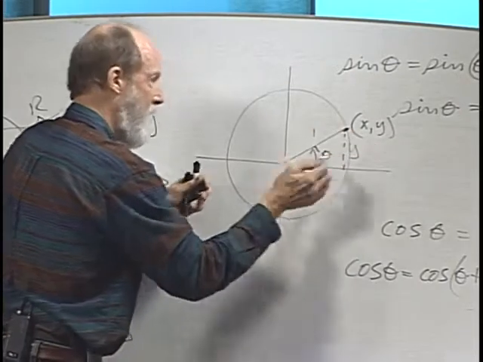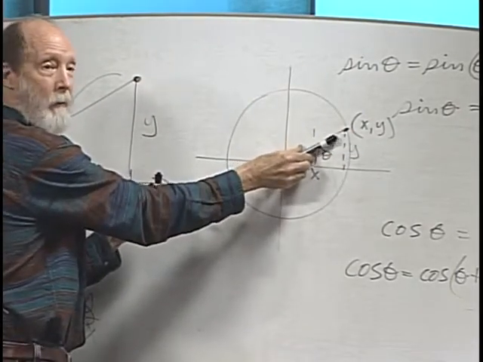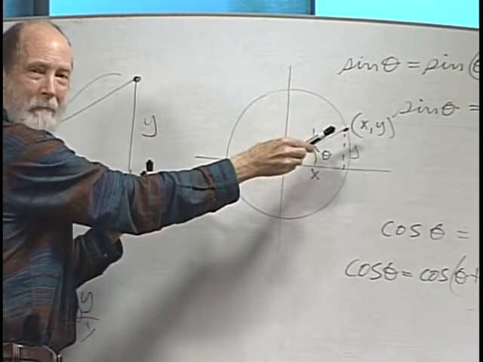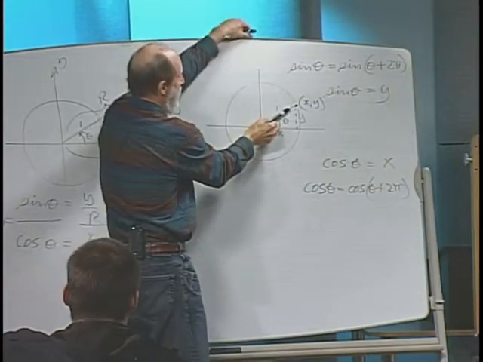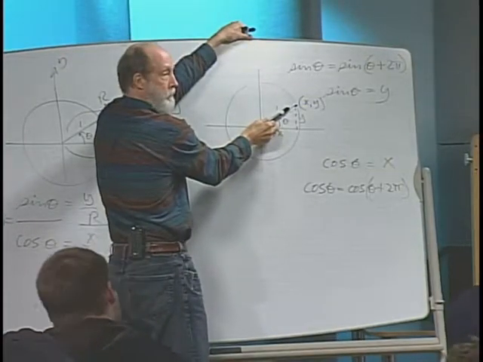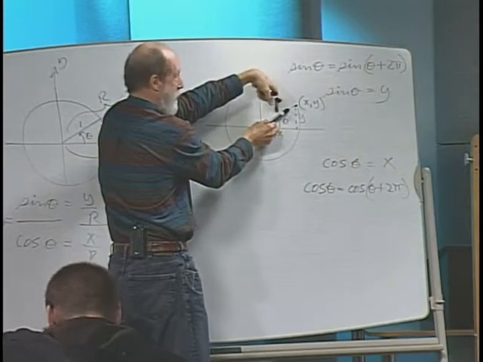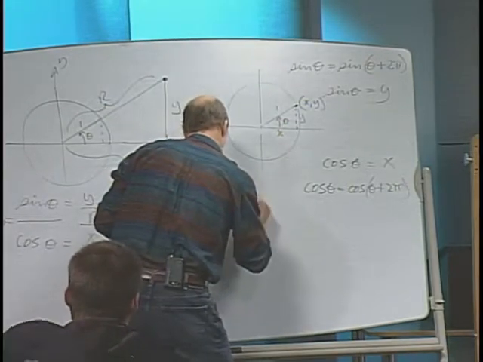Y divided by x is the slope of this terminal side where the angle happens to be, where this terminal side happens to be pointing. Okay? So watch what happens. We have this sample angle here. We have a slope, some slope value, which is the tangent reading of the angle. Let's write that down. Okay?